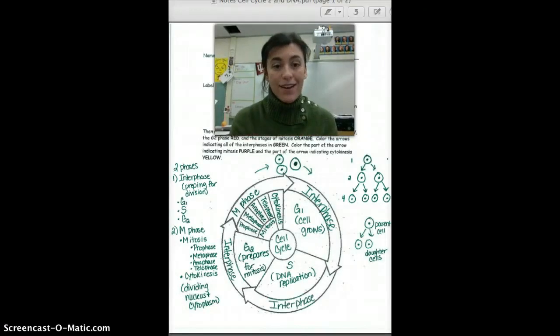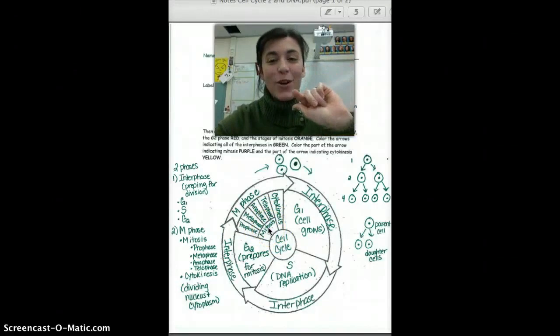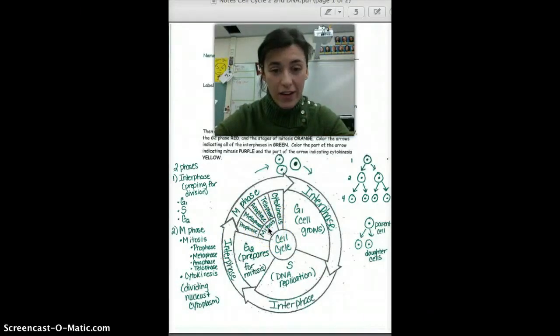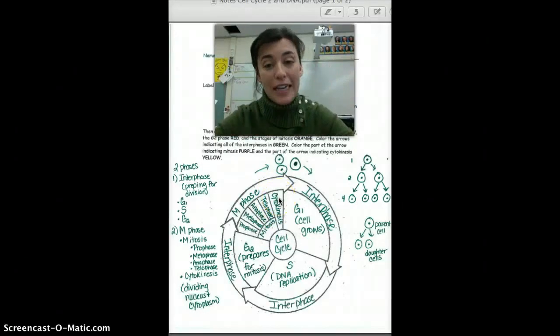M phase can itself be subdivided into two phases. The first subphase is called mitosis, where you split your nucleus. The second subphase is called cytokinesis, where you split your cytoplasm.